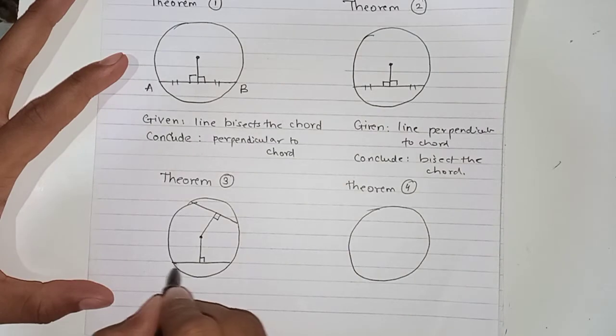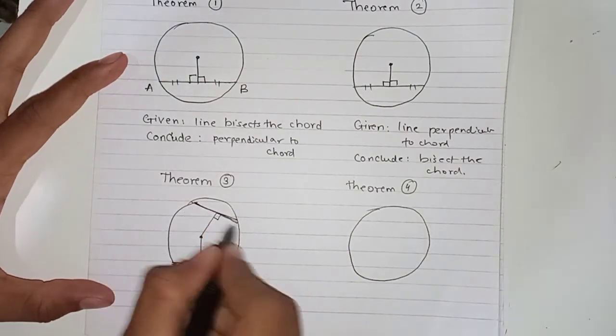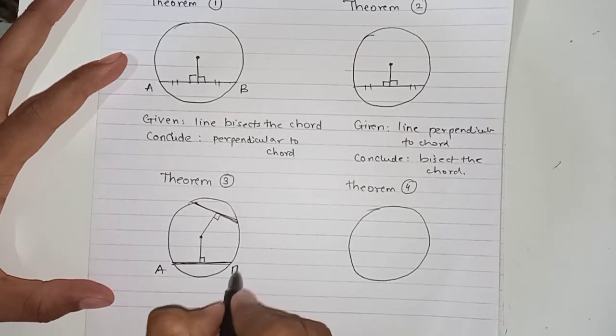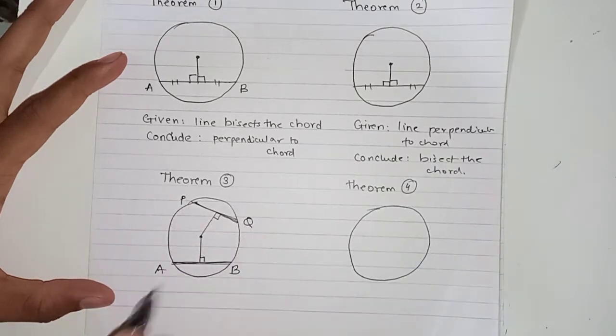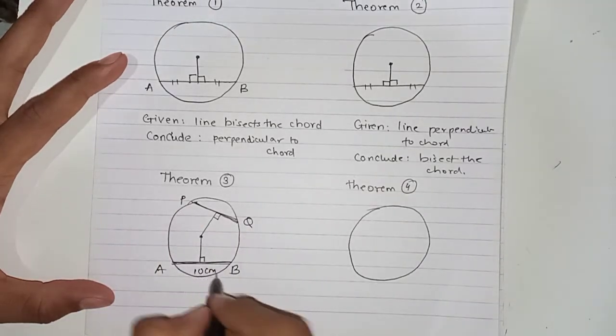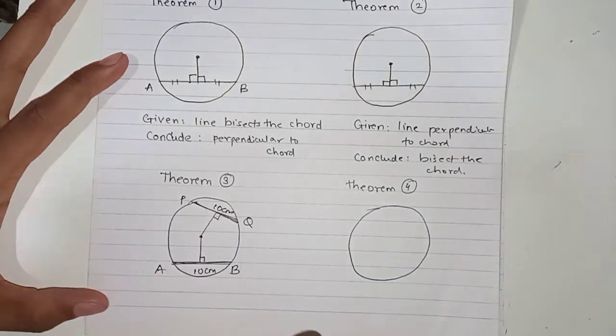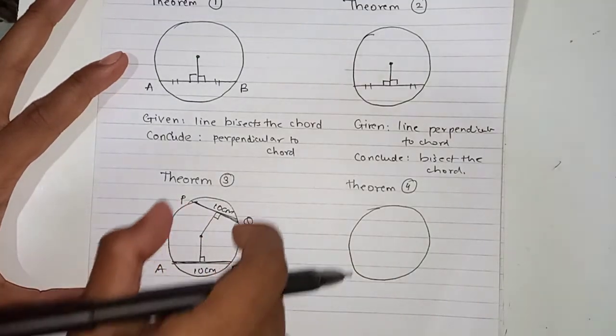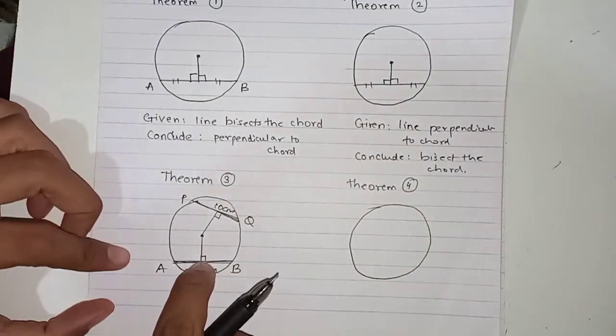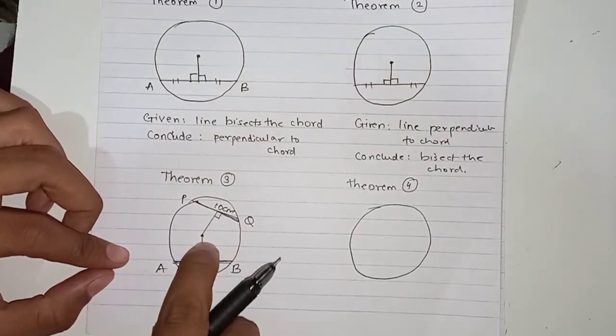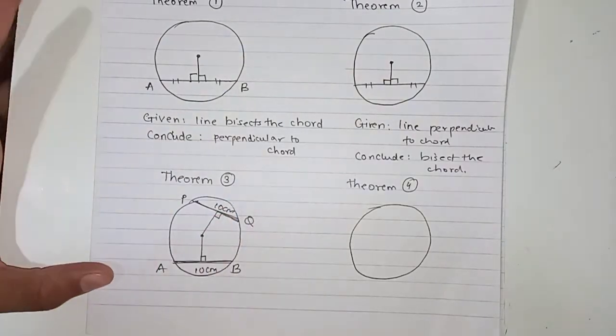Theorem says that if the chords are equal, if let's say this chord AB and this chord PQ are equal, मतलब समझो ये भी 10 सेंटीमीटर है और ये भी 10 सेंटीमीटर है. If the chords are equal, then their distance from the center, this distance which they have from the center, will also be equal.